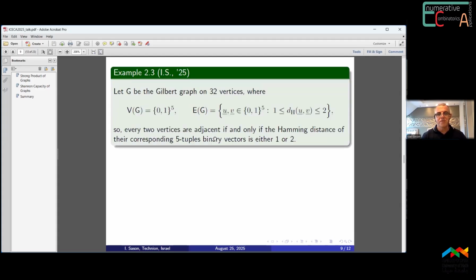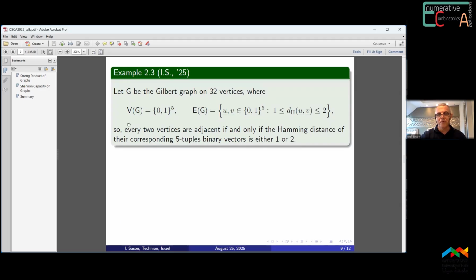So this is the example, and it appears in a paper that was published 3 months ago. For that purpose, we considered G to be a Gilbert graph on 32 vertices.